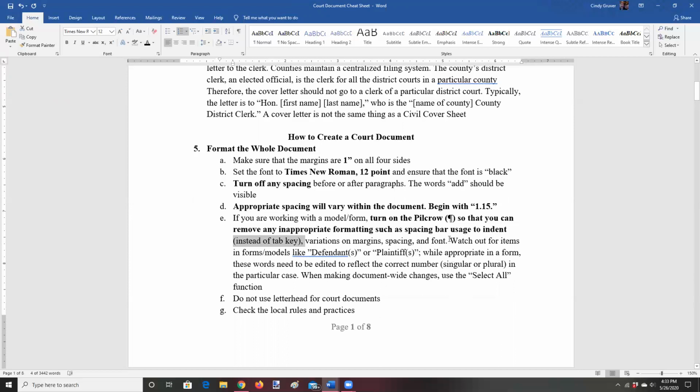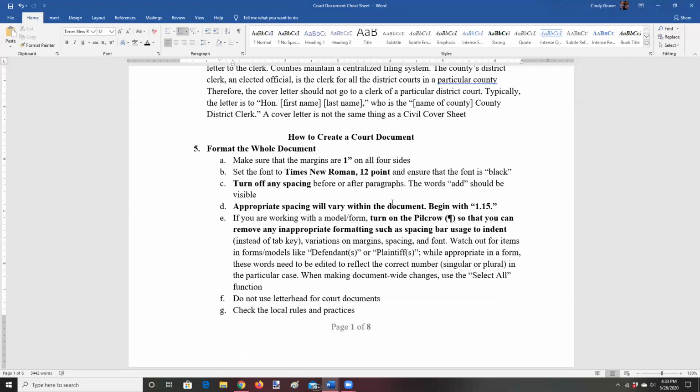You'll see in some models, typo there, in some models, you will see that they will have terms like defendants and plaintiffs, and they will have the S inside parentheses. And of course, you're probably familiar with this. What it means is, well, we don't know whether there's just one defendant or whether there's more than one defendant.